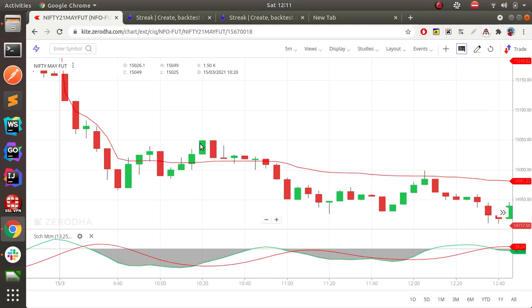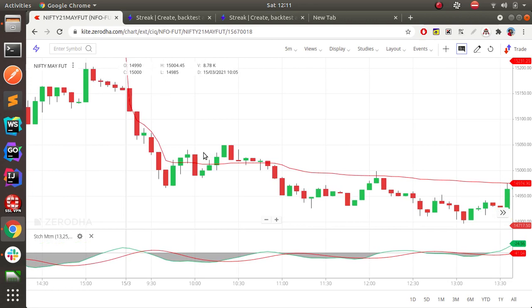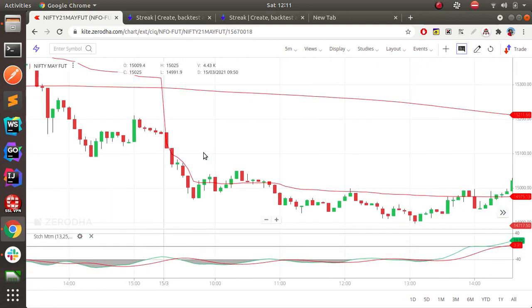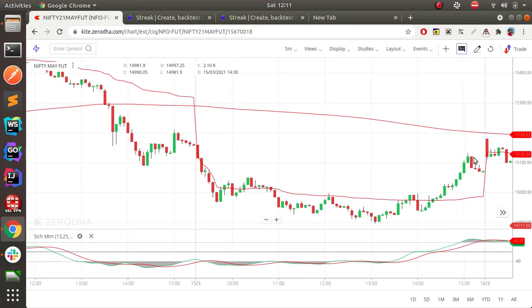So it is overbought. How can we avoid this? But if we see a later point in time, it has increased further. So we can clearly change the stop loss so that we won't be trapped in this.